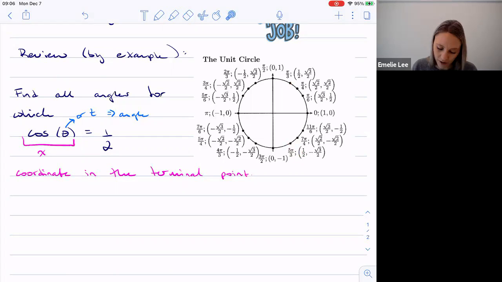And we established that 5 pi over 3 in terms of a negative angle, so moving clockwise, is going to be, so 5 pi over 3 is the same as negative pi over 3, right? I'm just moving the same distance from (1, 0) to pi over 3 as I am to 5 pi over 3, but in the negative direction, right? And so we've actually got 2 points that make this happen.